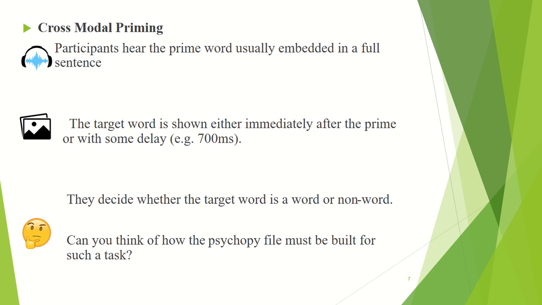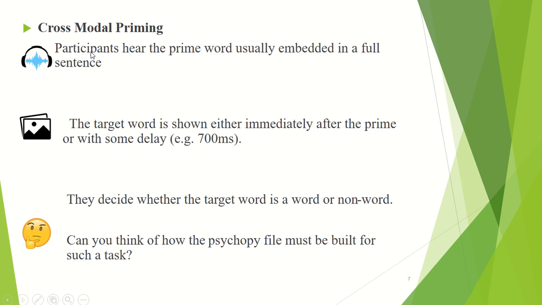So in cross-modal priming, participants hear the prime word, which is usually embedded in a full sentence, and as soon as they hear the prime word, immediately after or after a short delay, for example 700 milliseconds, the target word is shown on the screen. So you listen to something, you see something, and then they decide whether the target word is a word or non-word.